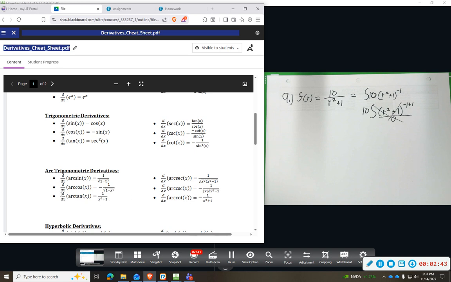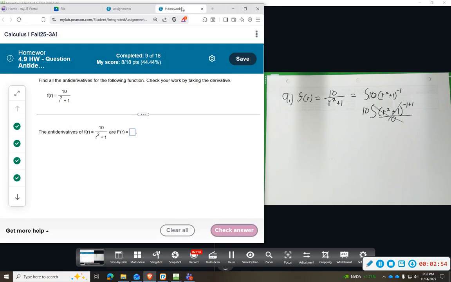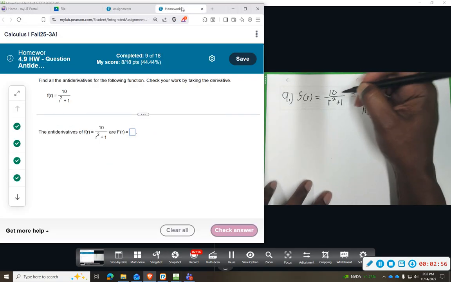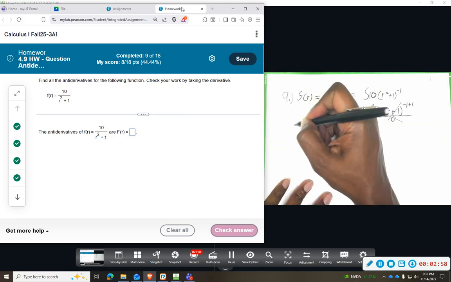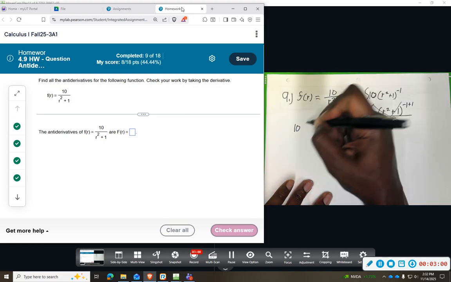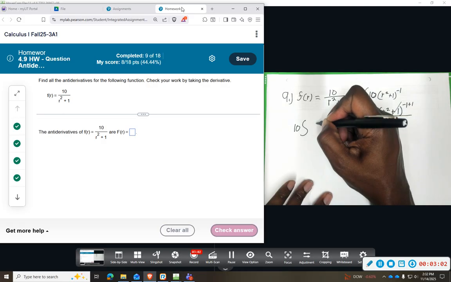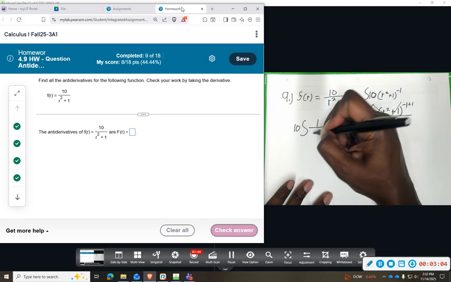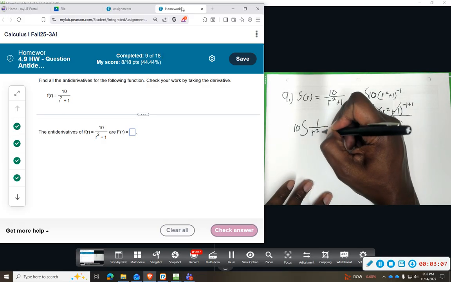So we're going to use the derivative, and the antiderivative is going to be this arctan of x. So going back, using that definition, we're going to just factor out the 10, and we're going to say the integral of 1 over r squared plus 1.